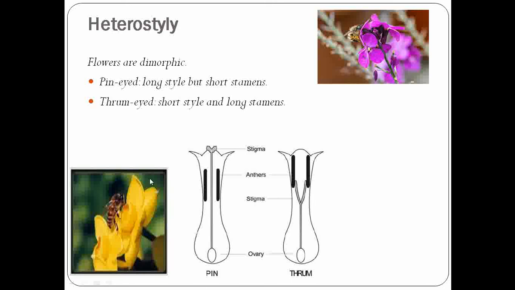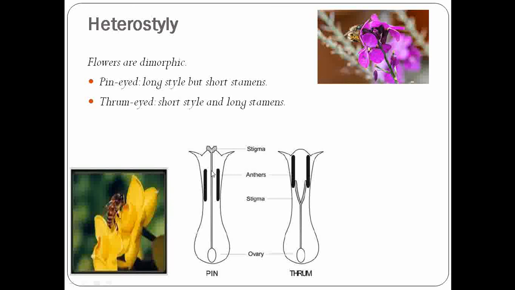So just see here what is the difference between pin-eyed and thrum-eyed. If you observe here, this is the flower, or you can say this is the LS of the flower, which shows the presence of a long style. The style, or you can say the stigma, is present just at the apex or upper side of the flower.